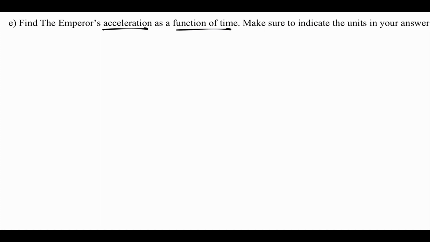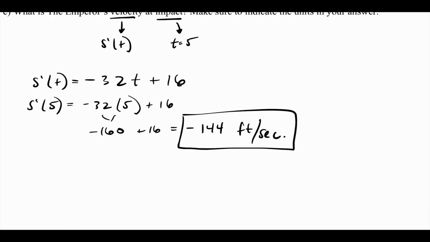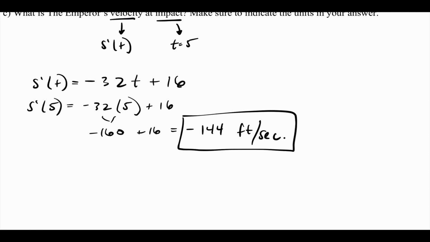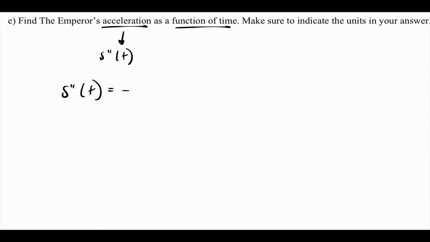Second derivative, s double prime. So s prime was negative 32t plus 16, right? So that means this one would just be negative 32, right?